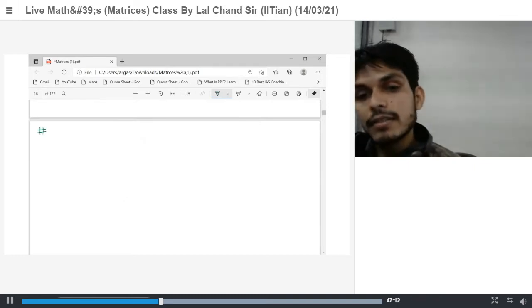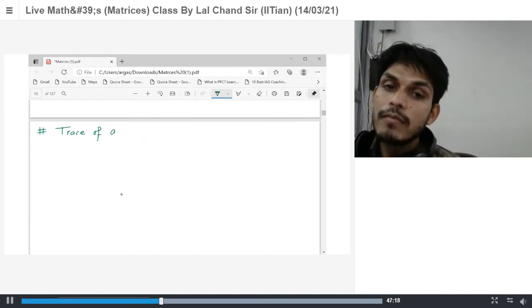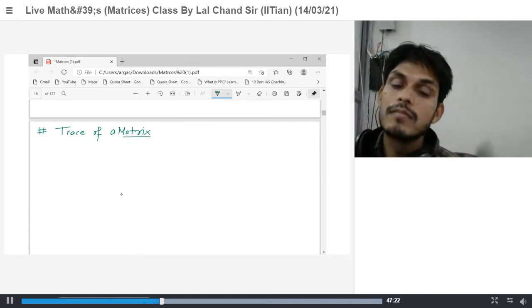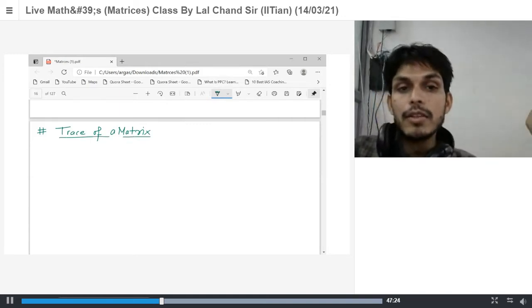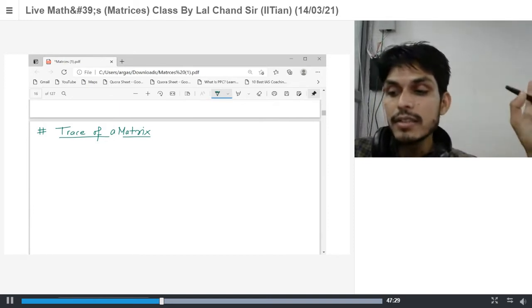trace of a matrix. So what do you mean by trace of a matrix? Trace is basically defined as sum of diagonal elements of the matrix. Diagonal means leading line.